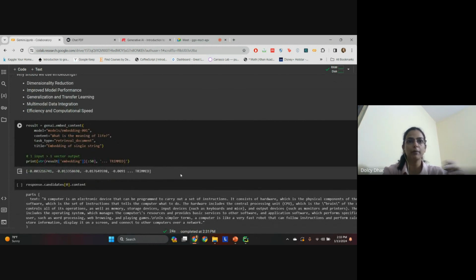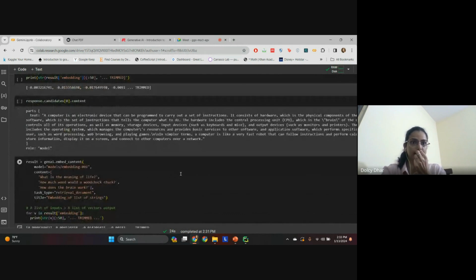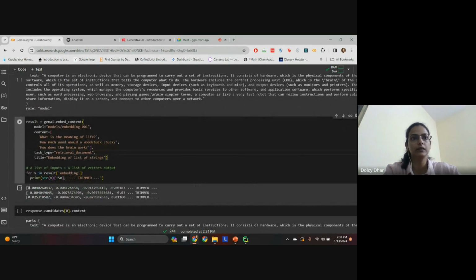There's a latest embedding model, like I mentioned, given by Google, and this is the list of content that I passed to these embedding models. See the amount of mathematical vectors that have been generated because of the embedding model that we have sent.